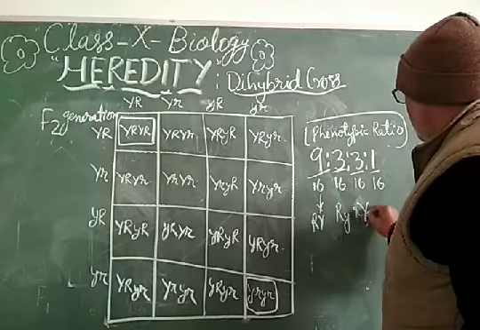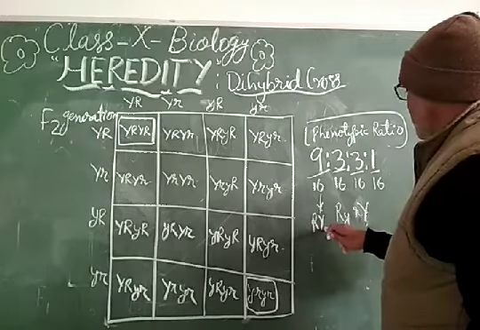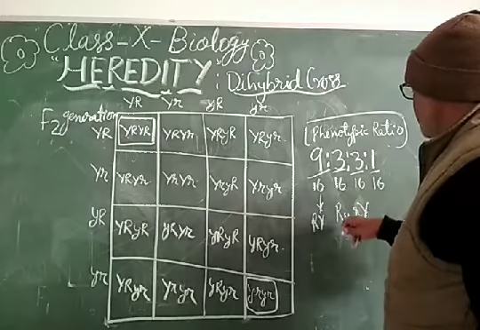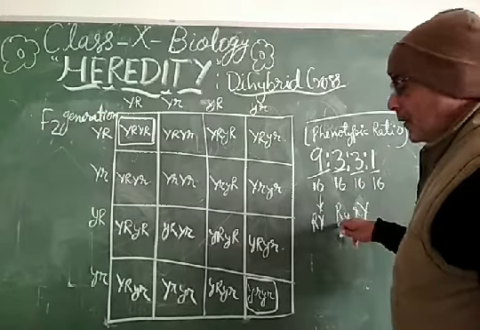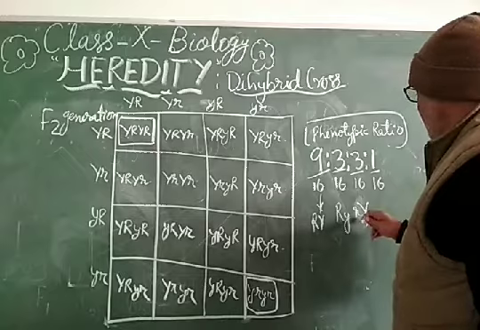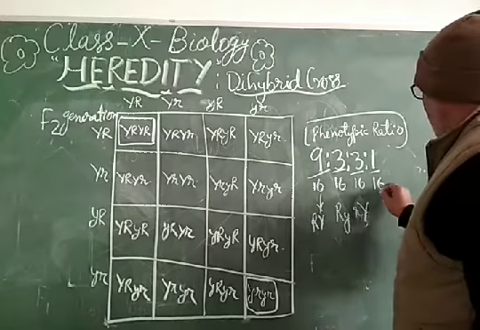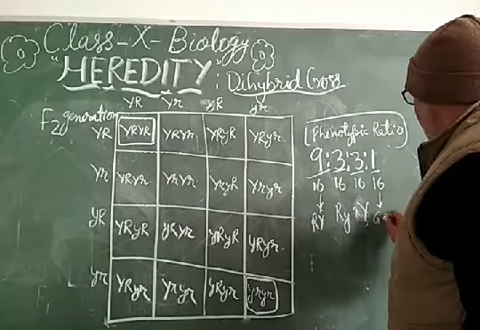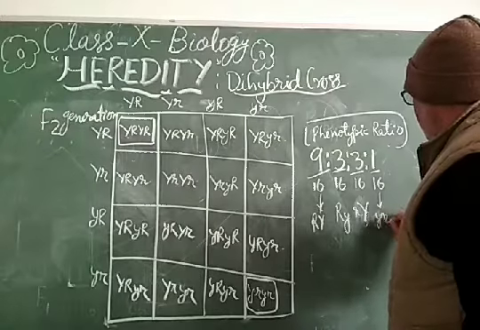Wrinkled and yellow. Round yellow 9, 3 are round and green, and 3 are wrinkled and yellow, and 1 is wrinkled and green.